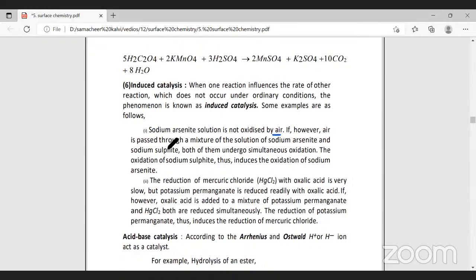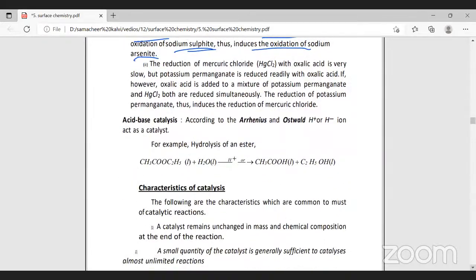If, however, air is passed through a mixture of solutions of sodium arsenite and sodium sulfite, both of them undergo simultaneous oxidation. Individually, sodium arsenite cannot be oxidized by air, but the mixture of sodium arsenite and sodium sulfite, when exposed to atmospheric air, undergoes oxidation simultaneously. That means the oxidation of sodium sulfite induces the oxidation of sodium arsenite. Those are called induced catalysis.